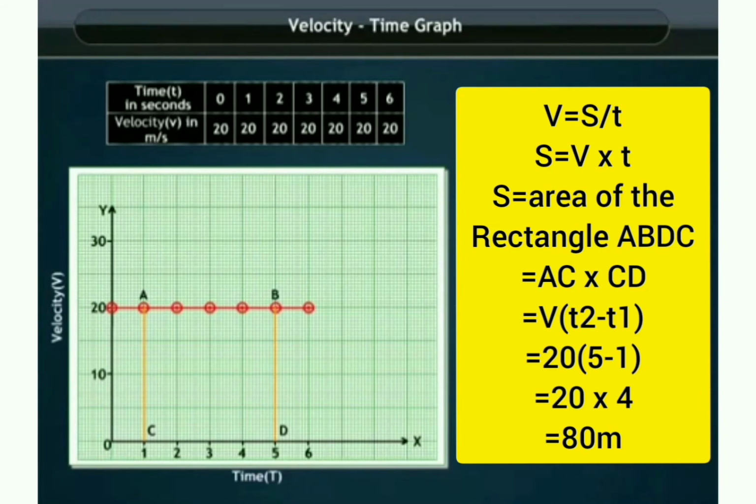Then the distance equal to velocity into time, that is 20 into (t2 minus t1), equal to 5 minus 1 equal to 4. 20 into 4 equal to 80 meter. Thus we get the distance covered by an object.